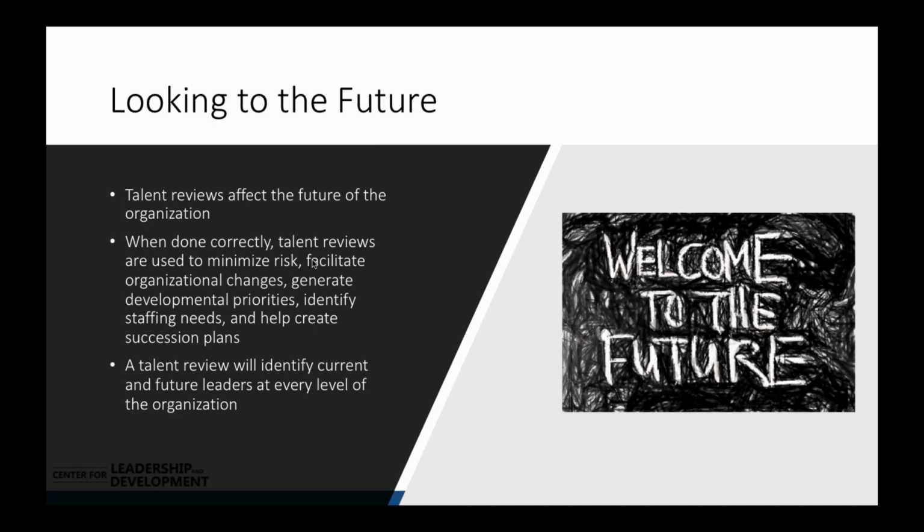We need to look at where we need to change staffing levels, increase staffing levels, change the types of people that we have. And more importantly, as we move through time right now, and I'll come back to this in a minute, we need to start creating succession plans for our key senior leaders.